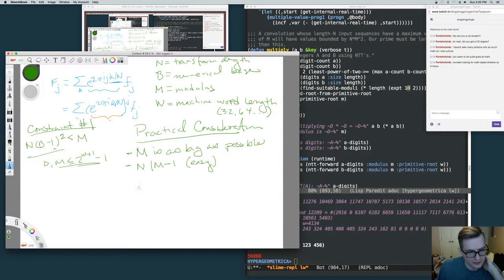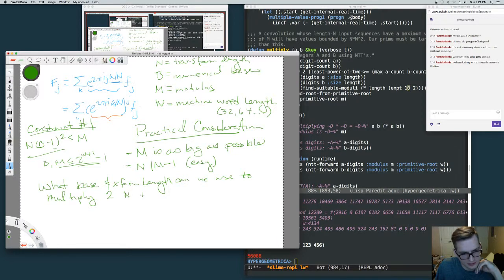So all of this work is to answer the question: what base and transform length can we use to multiply two, let's say, n decimal digit numbers?